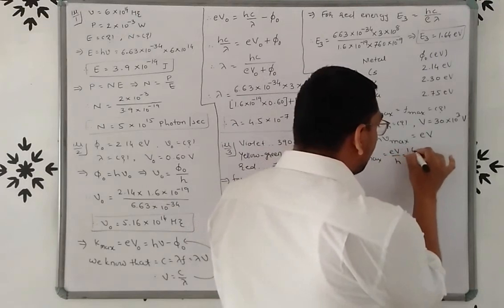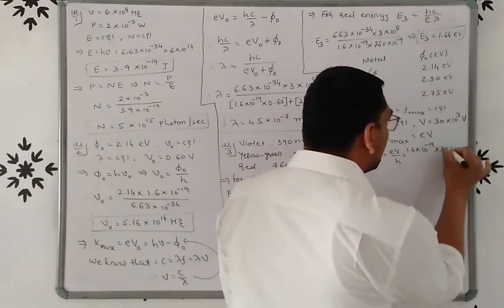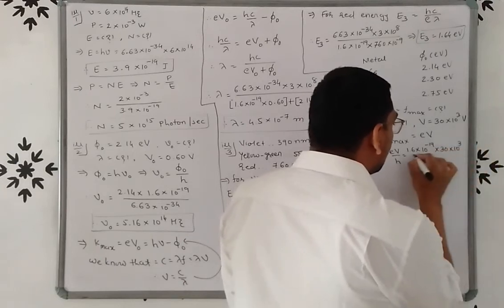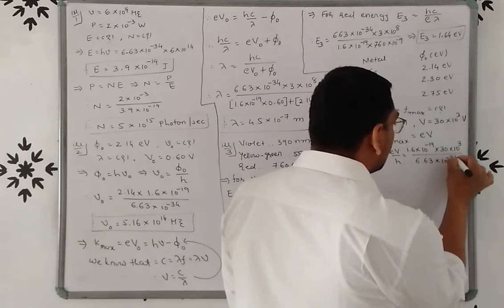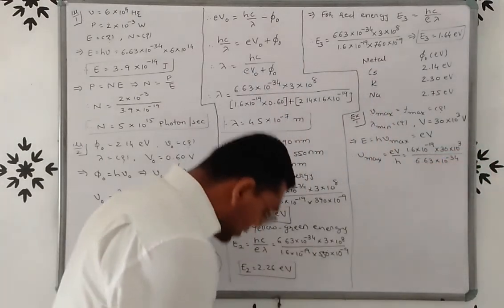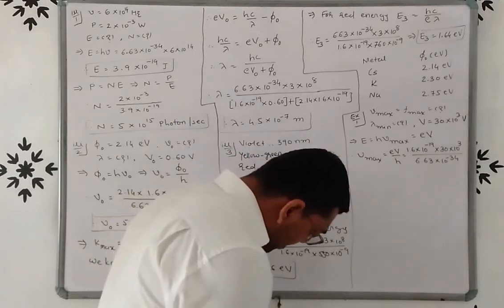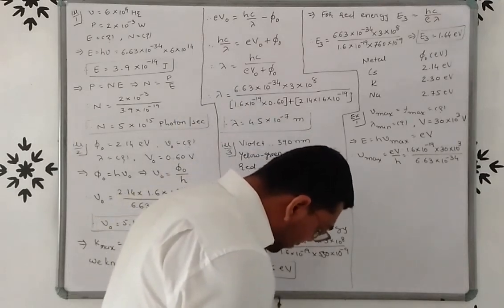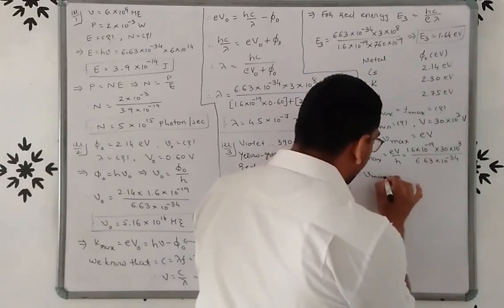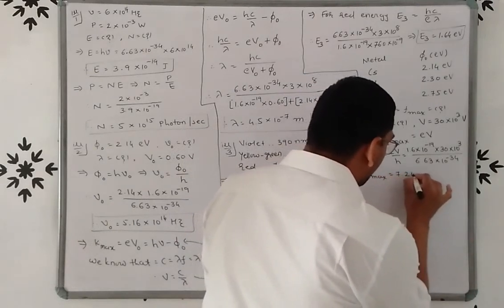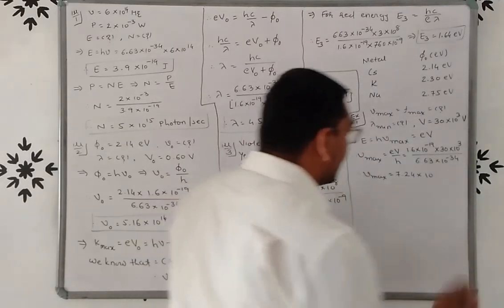So value of e 1.6 into 10 raised to minus 19, V 30 into 10 raised to 3, divided by h 6.63 into 10 raised to minus 34, right? So we get 7.24 into 10 raised to 18. So maximum frequency is 7.24 into 10 raised to 18 hertz.